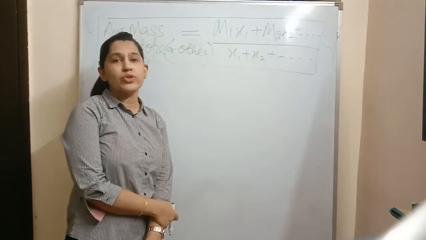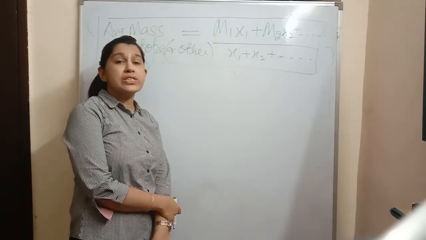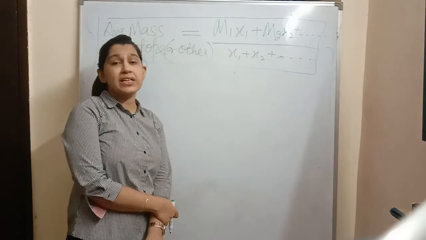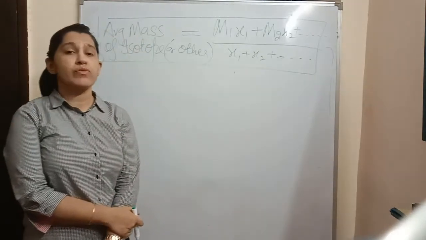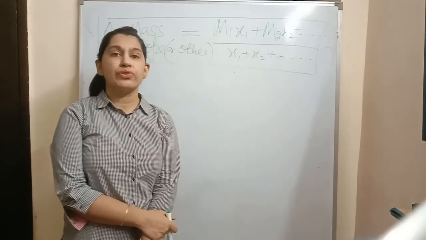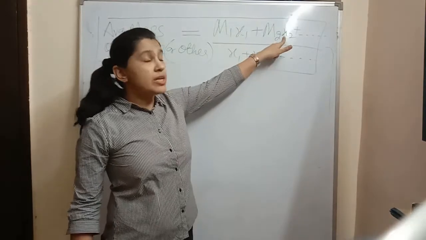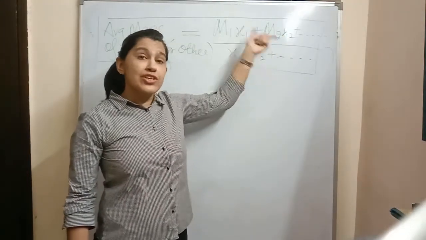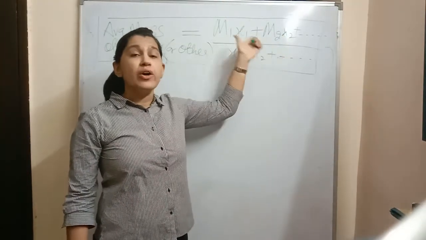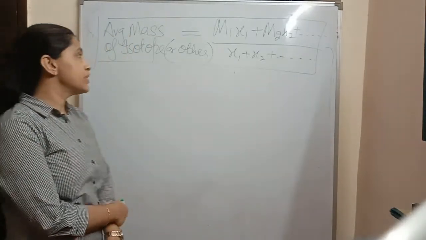If m3 is given, mass of the third isotope. What are x1, x2, x3? That is their abundance. That abundance can be given in terms of percentage, fraction, or ratio also. Whichever form is given, you use it in the same form.